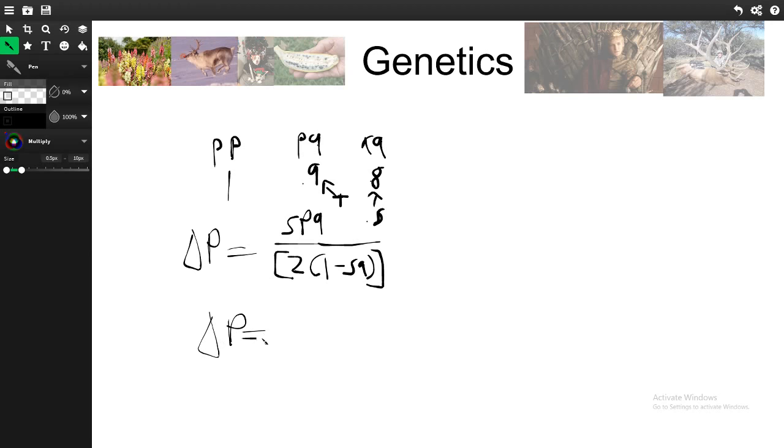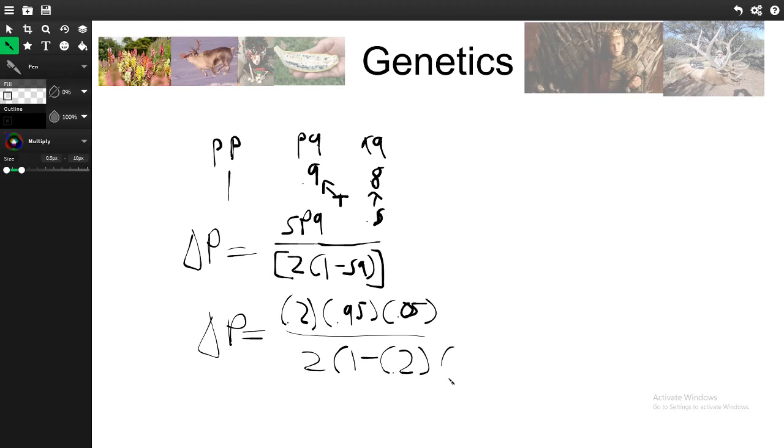So we're going to have delta P equals, and then this will be 0.2 multiplied by P, which is the allele frequency, which again we already solved for, if you can remember that. But remember, we found a P value of 0.95, and then multiplied by Q, which we found as well as being 0.05, all over 2 multiplied by 1 minus S, which again is 0.2, and multiply that by 0.05.